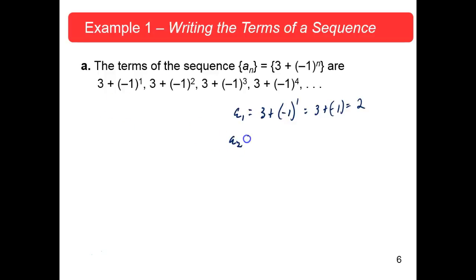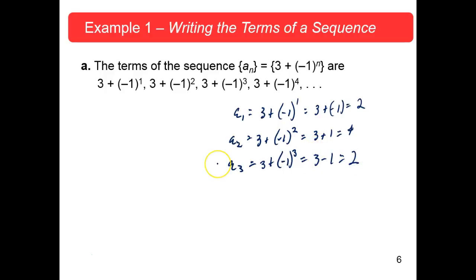A sub 2 would be 3 plus a negative 1 to the second power, that would be 3 plus 1, which is 4. A sub 3 would be 3 plus a negative 1 to the third power, which would be 3 minus 1, which is 2. So you see the pattern? A sub 4 would be 4. A sub 5 would be 2. A sub 6 would be 4.